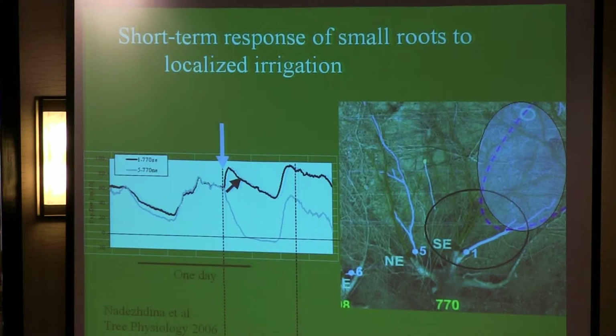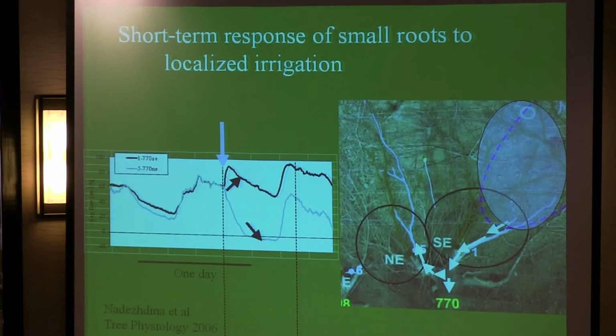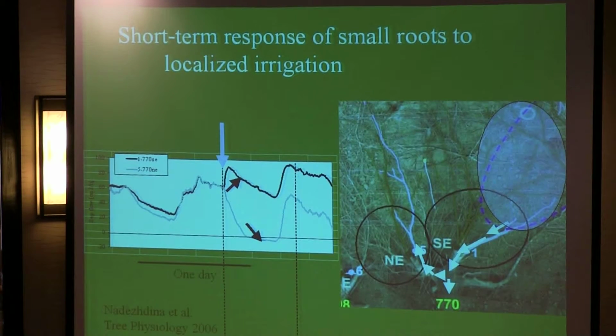This was the root which was not watered. Again, you see the water moved in direction of the stem, and here, because this root was not watered, it was drier, and its water potential used this water, it sucked it to itself.